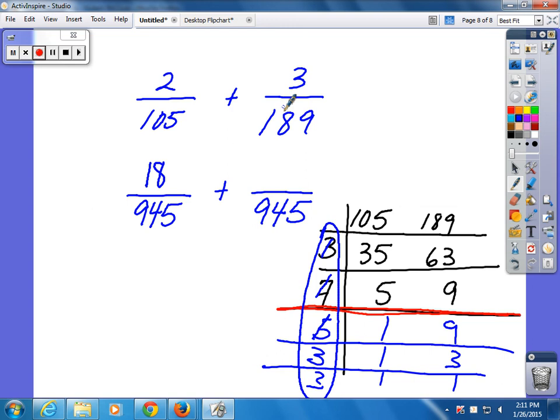How many times will 189 go into 945? What's the only number left? 5. 5 times 3 is 15, and now you just add the 15 and 18, which is what? 33. 33 over 945.